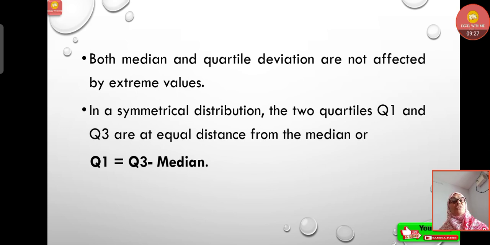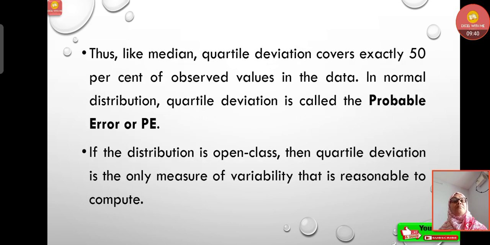In a symmetrical distribution, the two quartiles Q1 and Q3 are at equal distance from the median, or Q1 equals Q3 minus median. Thus, like the median, quartile deviation covers exactly 50% of observed values in the data.